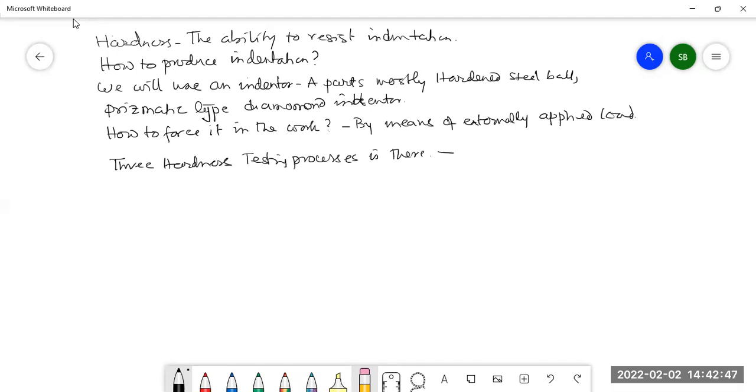One is called Brinell hardness. Another is called Rockwell hardness. Thirdly, Vickers hardness.